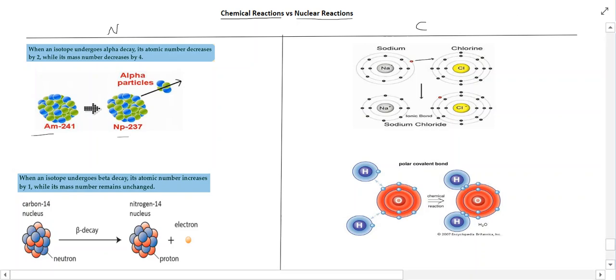If we remember, we have the electrons that go around the nucleus, and inside the nucleus you have protons and neutrons. They're the main two subatomic particles that make up the nucleus. And on the outside you have what are known as electrons.